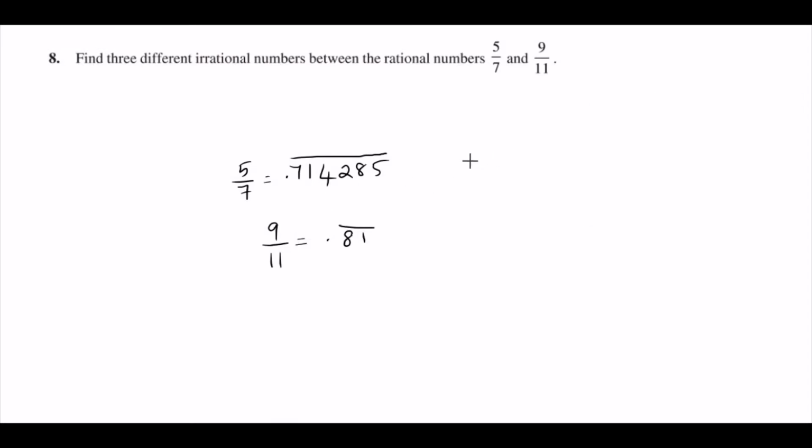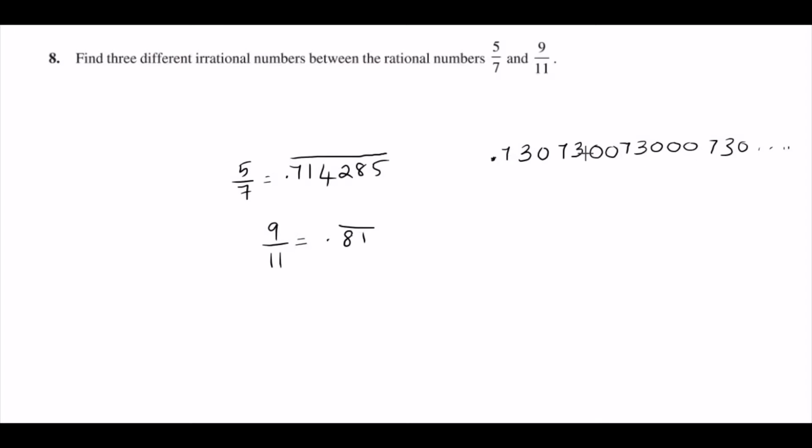There are many irrational numbers between these two numbers. So just write some random numbers like 0.730, and so on. You can write like this, that goes on. That is, after the decimal point, the numbers should be different and not repeating. So here if you check, you cannot see any repeating block.